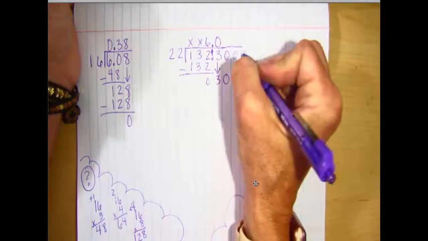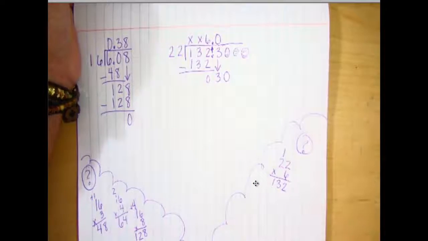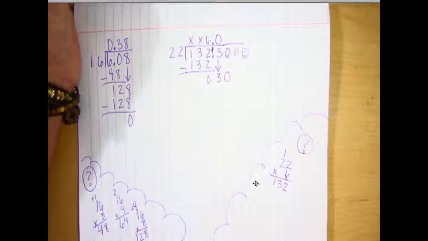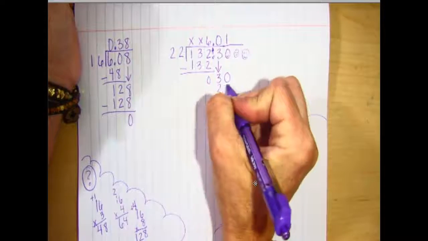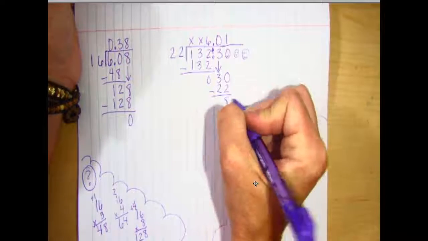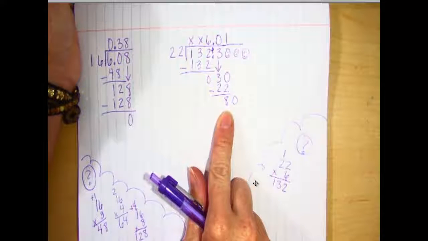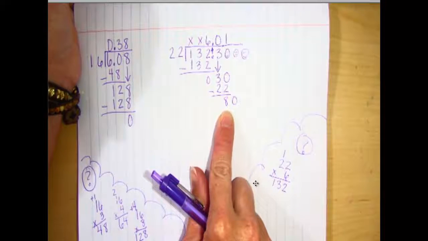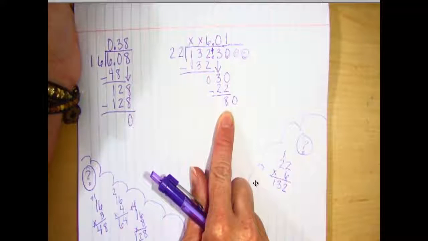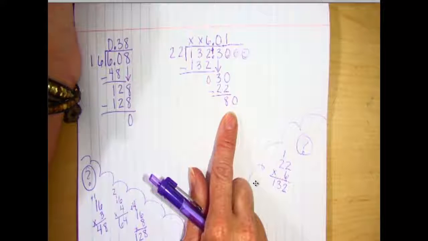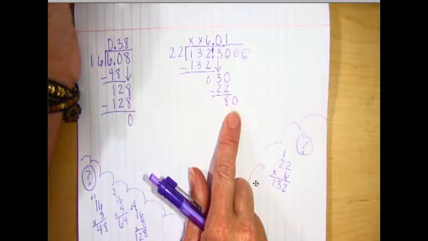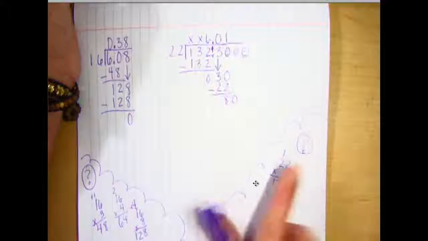And in the case of those irrational numbers that go on and on and on, sometimes they'll do that, but we don't want to do that. We've got better things to do. So 22 will go into 30 how many times? 1 times 22, easy peasy. And now I have an 80. Well, if you owe me $80, how many 20s do you need? How many 20s, Garrison? 20, 40.